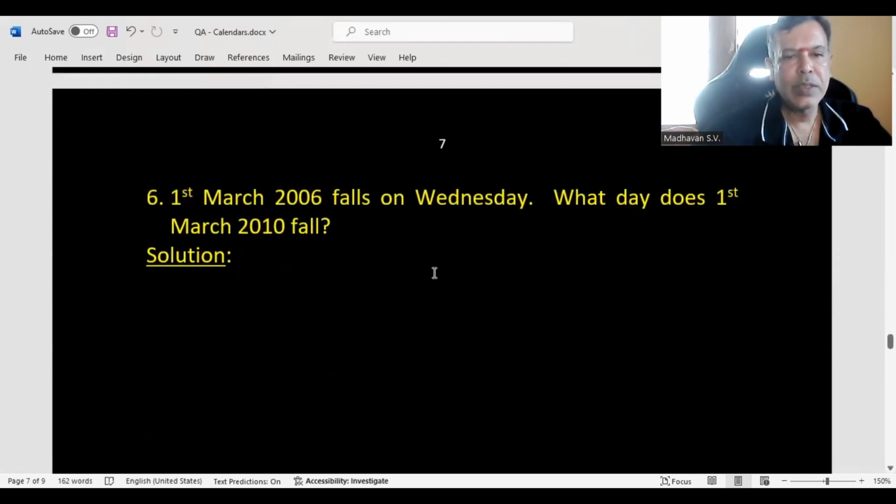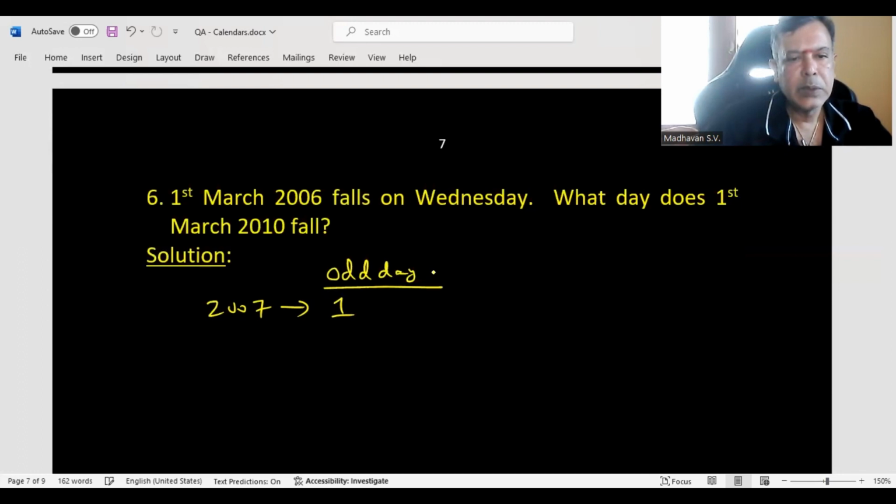1st March 2006 falls on Wednesday. What day does 1st March 2010 fall? So 2007, 1 odd day. 2008, it is a leap year, so 2 odd days. 2009, 1 odd day. And it is coming on March 1st, 2010.